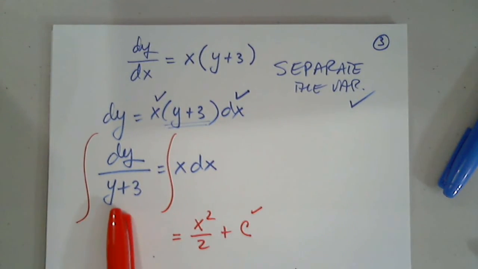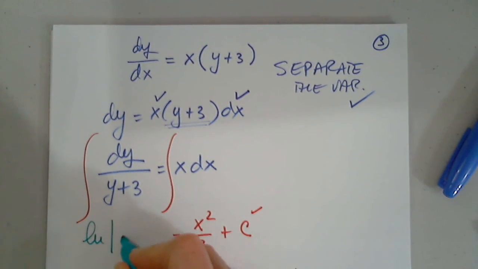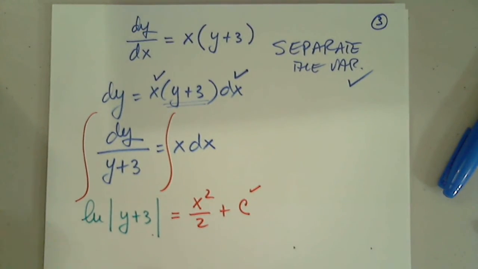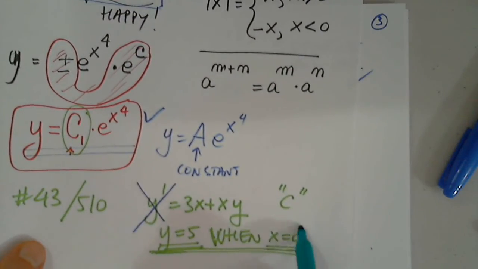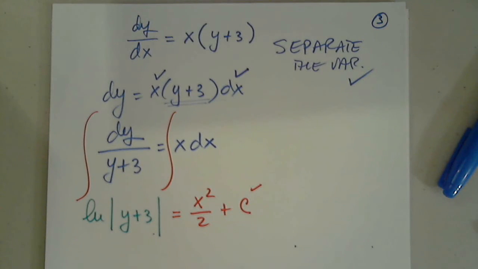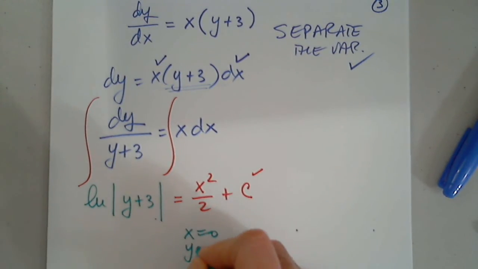Good. So here, like before, what function prime is 1 over y plus 3? It's the same thing as the natural log of the absolute value of y plus 3. Now I will stop because I'm told when x is 0, y is 5. So x equals 0, y equals 5.